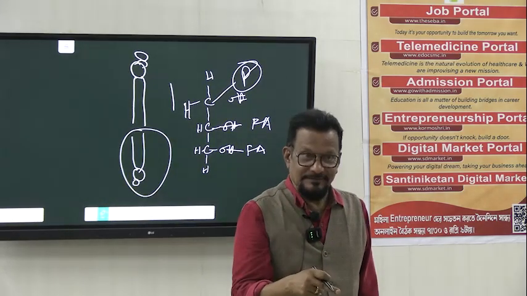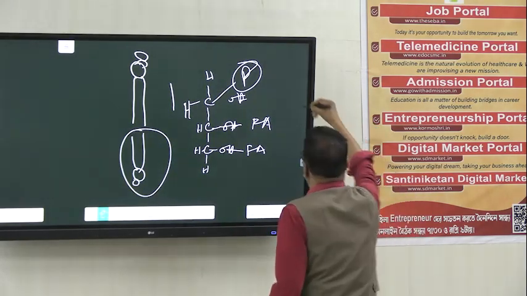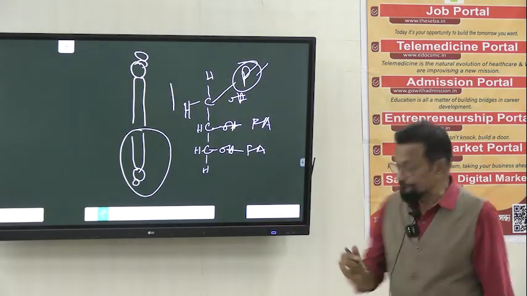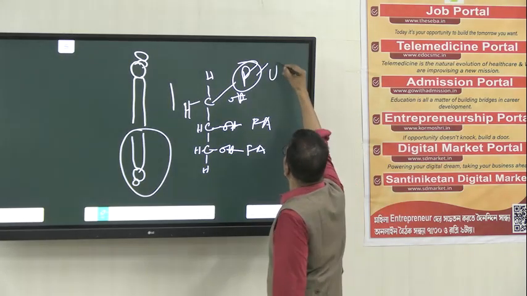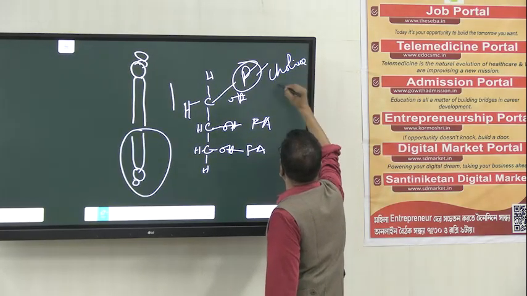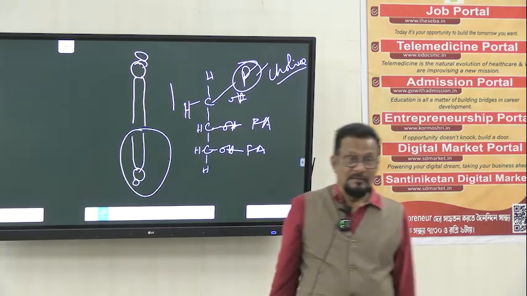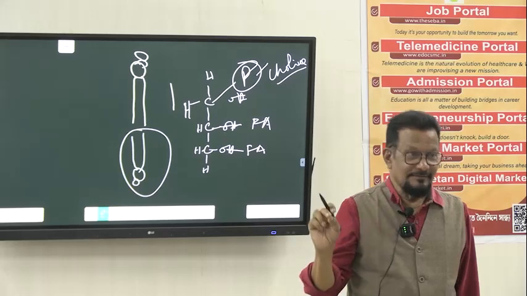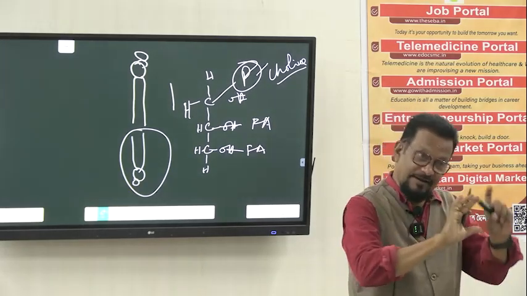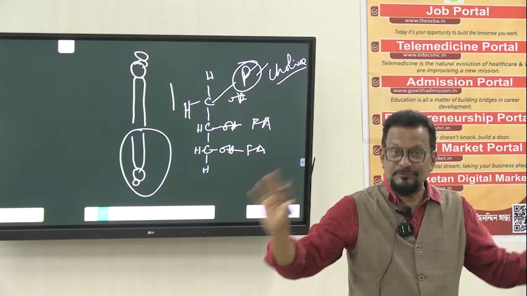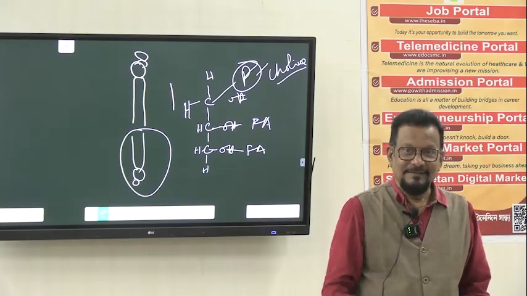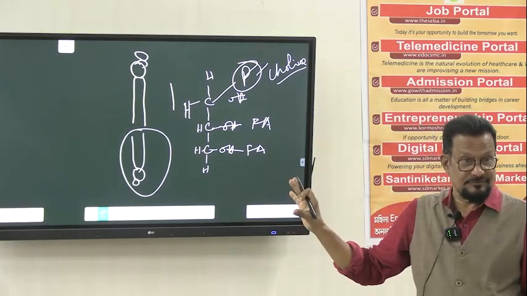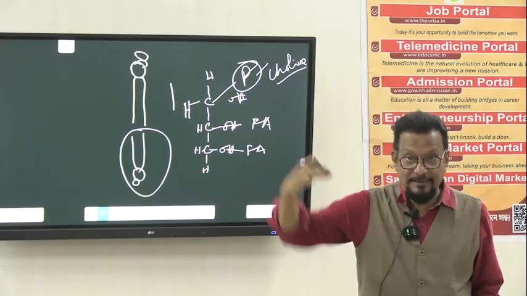Now this phosphate group can combine with choline, ethanolamine, sphingosine. These are nitrogenous compounds. You will find all these types of phospholipids in the cell membrane, in the bilayer.